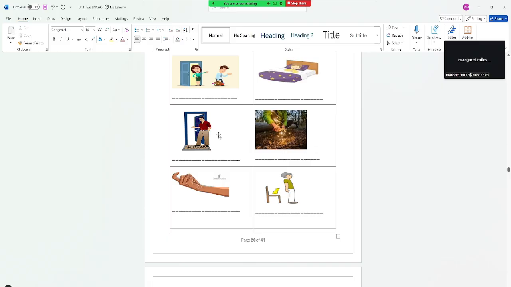And the next picture, he is saying, Bitegwe, Bitegwe, come in.